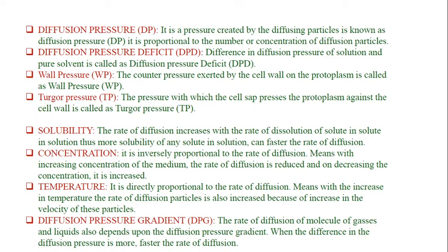In the case of diffusion, it is directly proportional to the rate of diffusion. Meaning, if the temperature increases, the rate of diffusion of particles also increases because of the increase in velocity of these particles. Whatever particles are gathered there get stimulated with speed, that is velocity, and that's why diffusion is going to be enhanced, increased and higher.